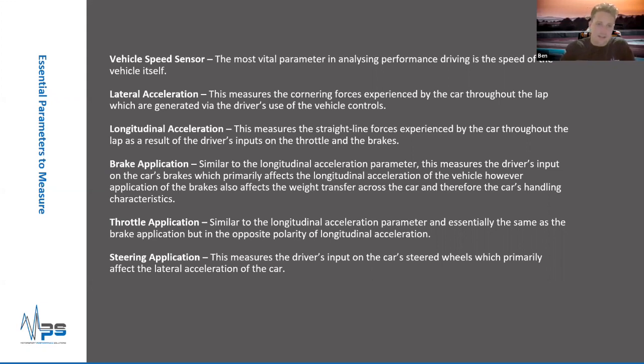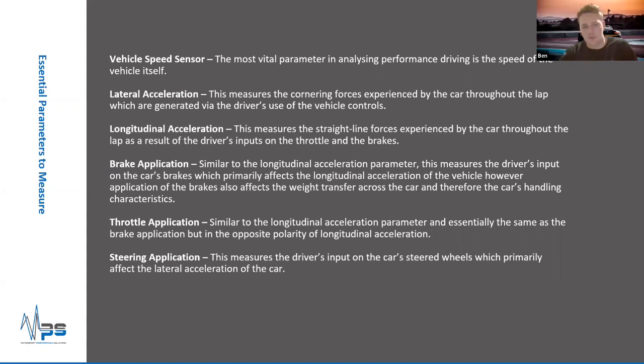The next is, it'd be easy for me to say brake pressure, but that's not necessarily true. You'll see later on in the slides I refer to the 80-20 rule. So what I've used here is the broad term application. We want to be able to measure what the driver does with the brake pedal and how it affects the brake system.